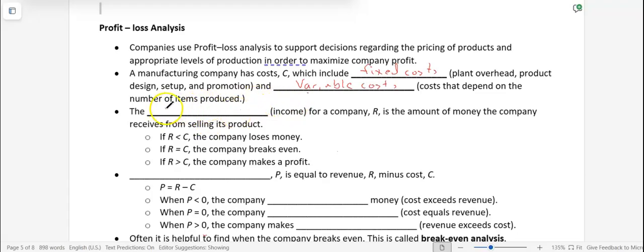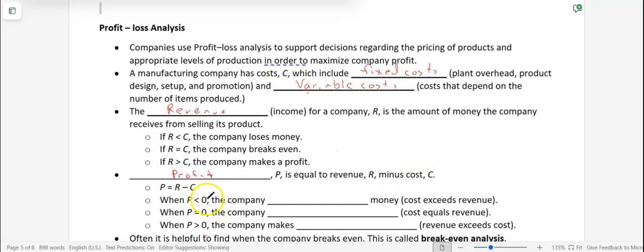The revenue, or the income for a company, is the amount of money that the company receives from selling its products. If the revenue is less than the cost, the company loses money. If the revenue is equal to the cost, the company breaks even. If the revenue is greater than the cost, the company makes a profit. Profit is equal to the revenue minus the cost.